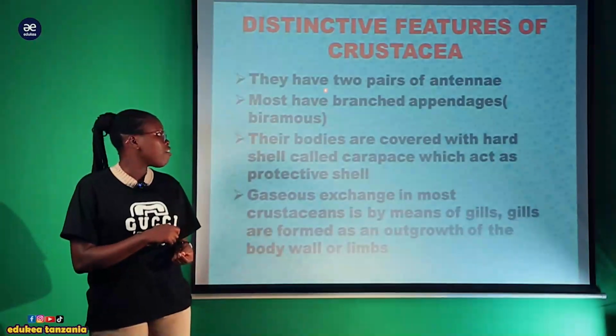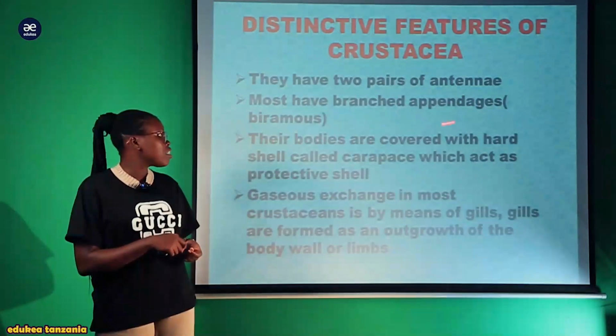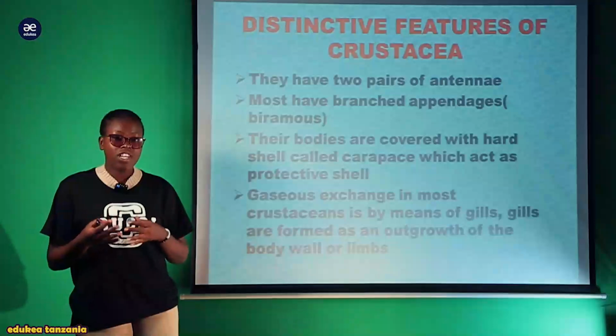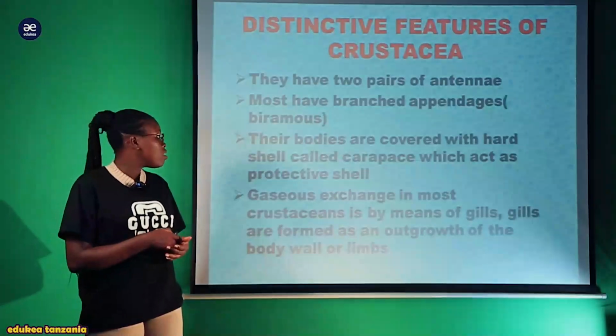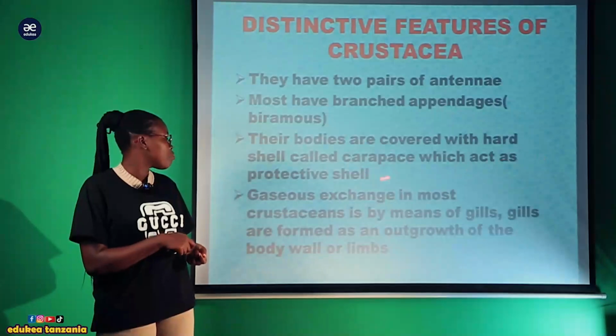Also, most have branched appendages, which are called biramous. The appendages are branched. This is one of the adaptations for their locomotion. Also, their body is covered with a hard shell called the carapace, which acts as a protective shell.